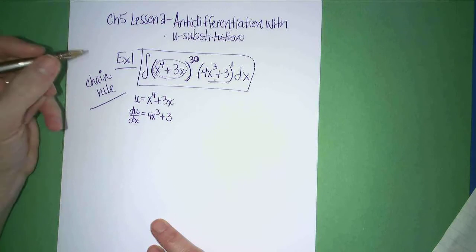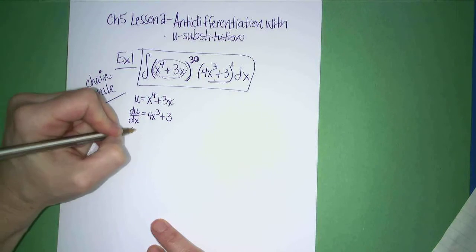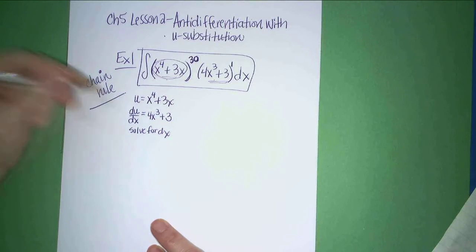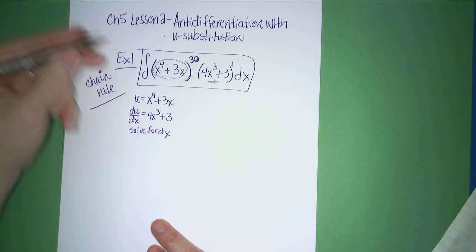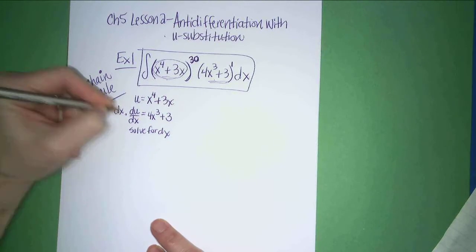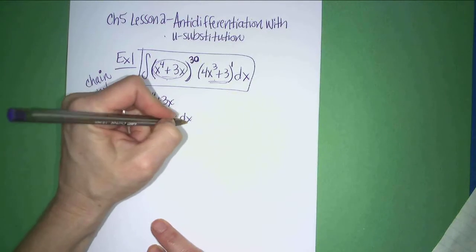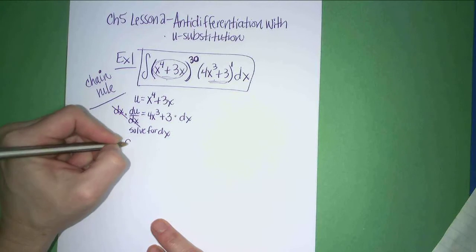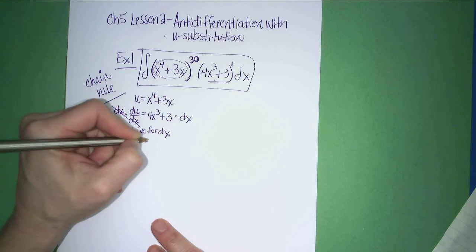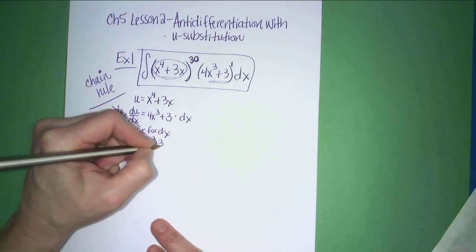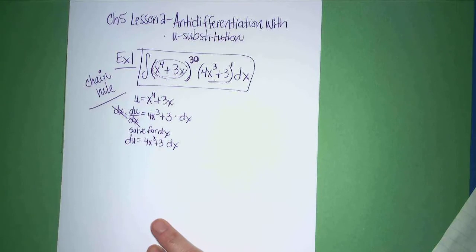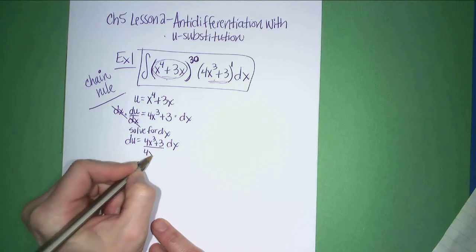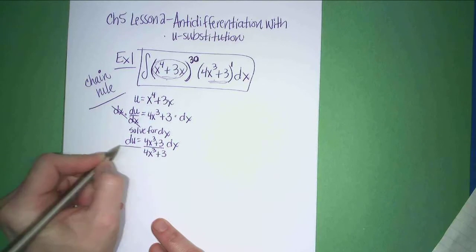Next, I'm going to solve for dx. So I'm going to algebraically solve this for dx. The way I'm going to do that is I'm going to multiply both sides by dx, which is going to cross these guys out and give me du equals 4x to the 3rd plus 3 dx. And to get dx alone, I'm simply going to divide both sides by 4x to the 3rd plus 3.